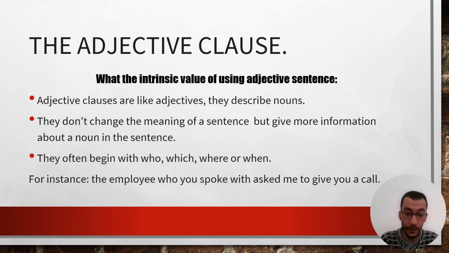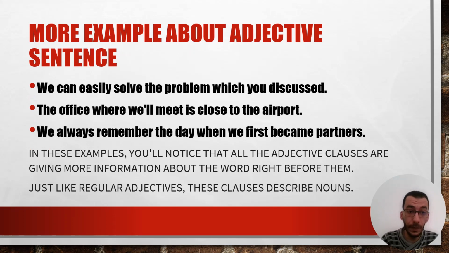The next one, more examples about adjective clauses. We can easily solve the problem which you discussed. The office where we will meet is close to the airport. And the last one, we always remember the day when we first became partners.